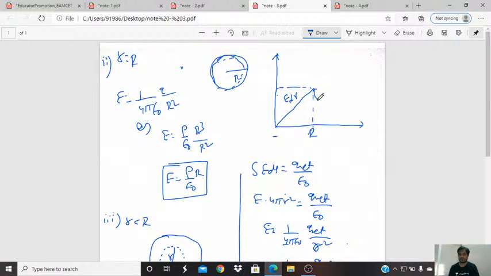So it will be this graph: inside, on the surface, outside. We can represent it graphically. So this is the method to find the electric field intensity due to a uniformly charged non-conducting solid sphere.